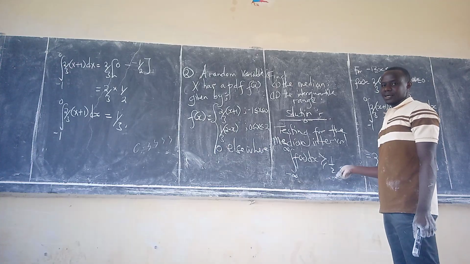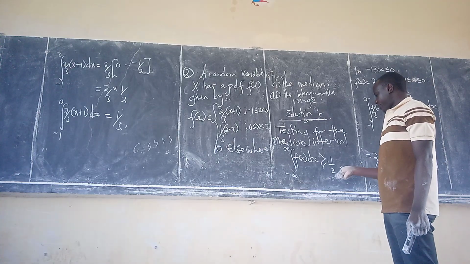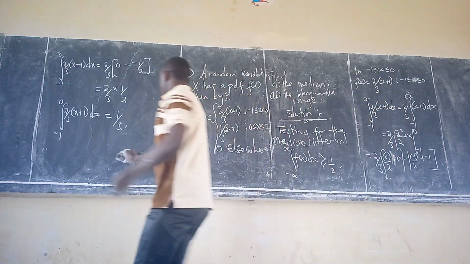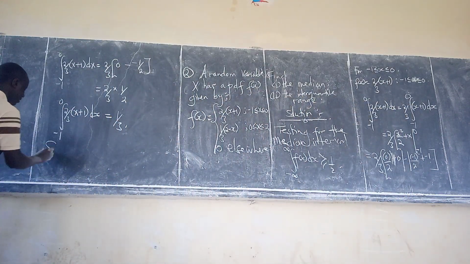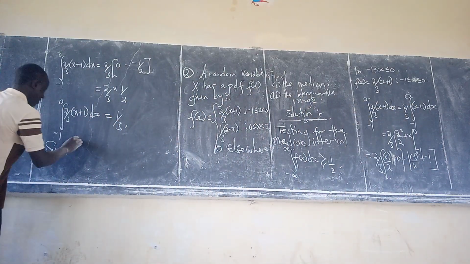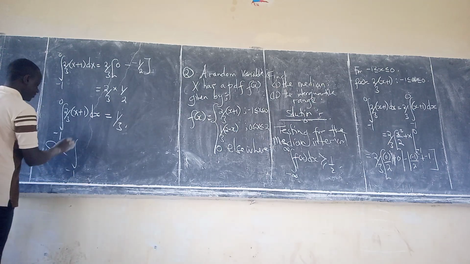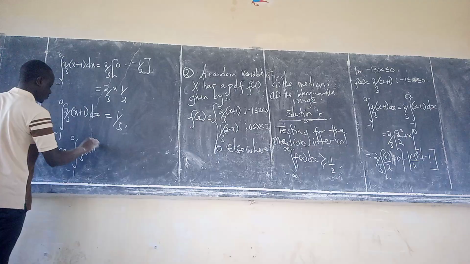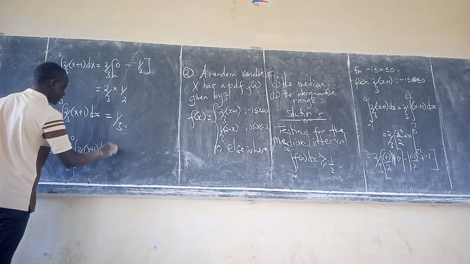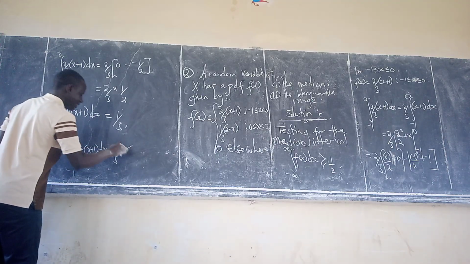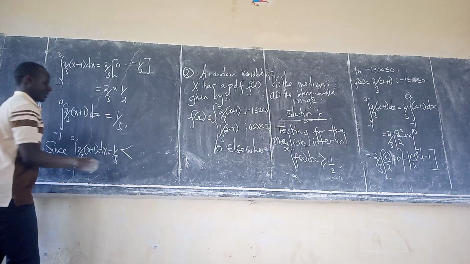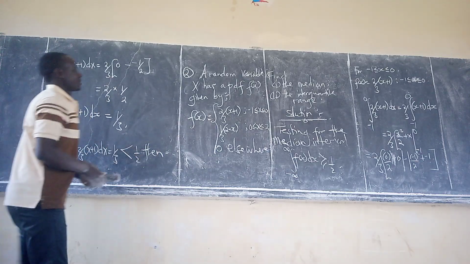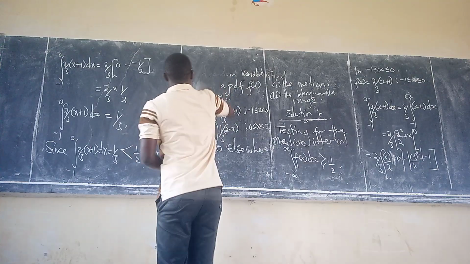We are looking for an answer which is either 0.5 or greater than 0.5. So we shall conclude and say that since the integral from negative 1 to 0 of 2 over 3 into x plus 1 dx, which is a third, is less than a half, then that interval is not the median interval.